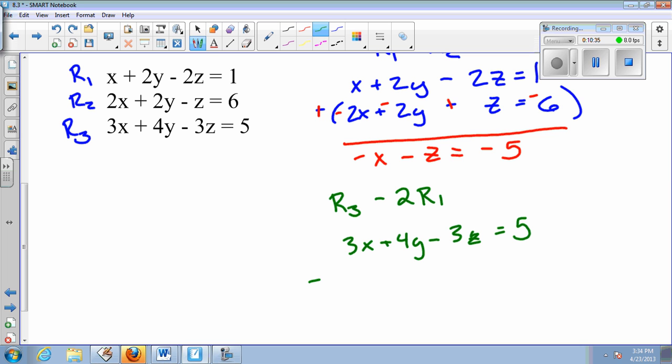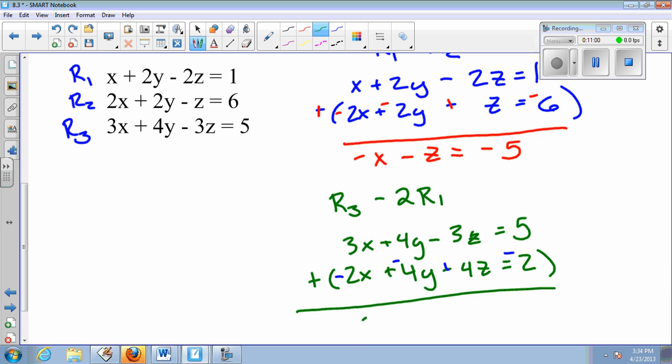And then we're going to take away 2 times row 1. So 2 times x, 2x, 2 times 2y is 4y. 2 times negative 2z is negative 4z. 2 times 1 is 2. Distribute the negative. So now we can add. It goes to x, the y's cancel, plus z equals 3.